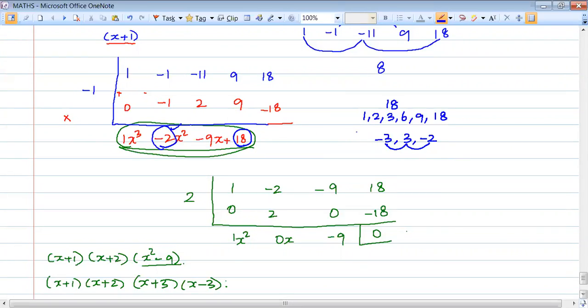So the previous time, what happened? I thought this is minus 18. That's why I got confused. Only one minus we have to put, but the addition is not coming as minus 2. But I am clear, this is not minus 18, this is plus 18. Now, directly you can write the factors. After x plus 1, you can write x minus 2 into x plus 3 into x minus 3.